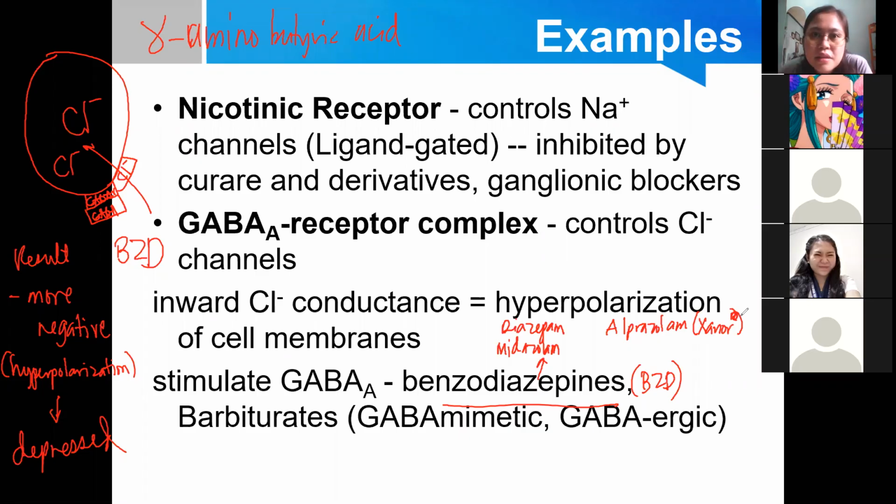Okay. And then, this one is Dormicum. Brand name na niya, ha? What's the brand name of diazepam in the market? Any idea? Xanax is still alprazolam.